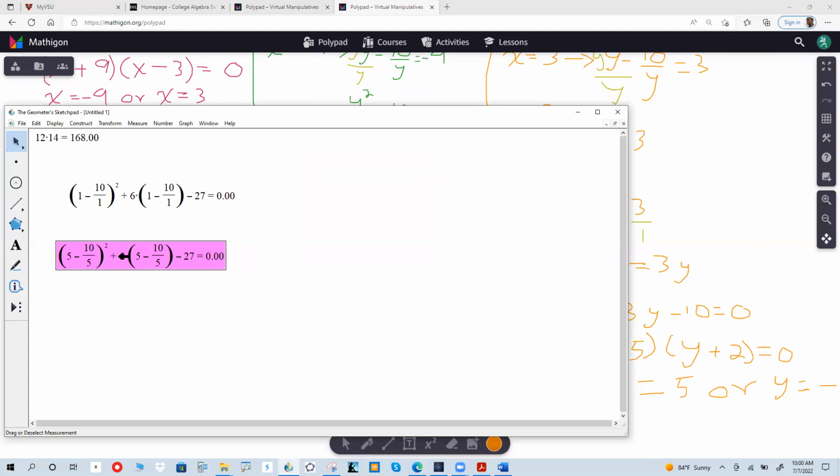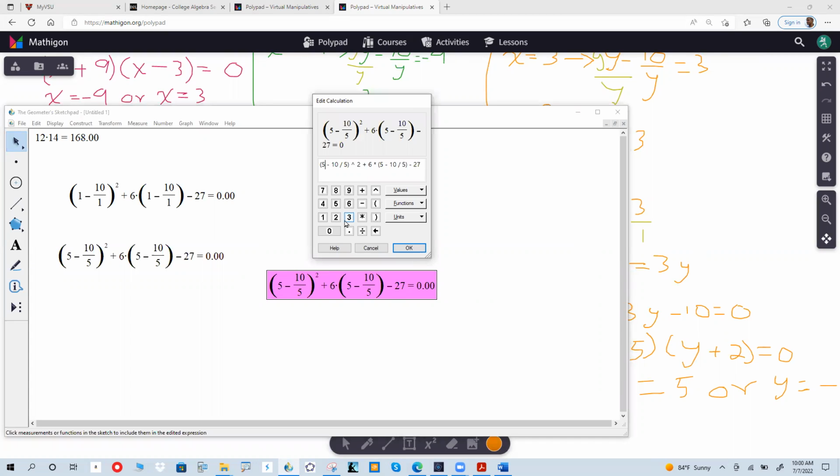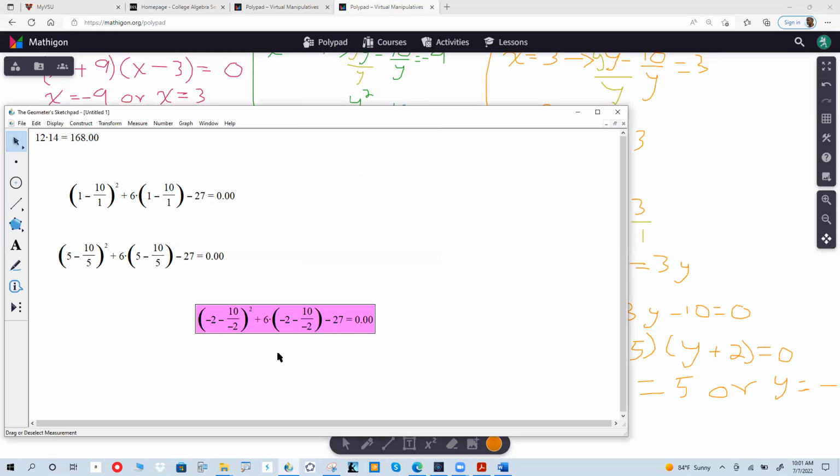And let's do it for, as promised, all 4. Minus 2 is the next guy. And look, minus 2 also works.